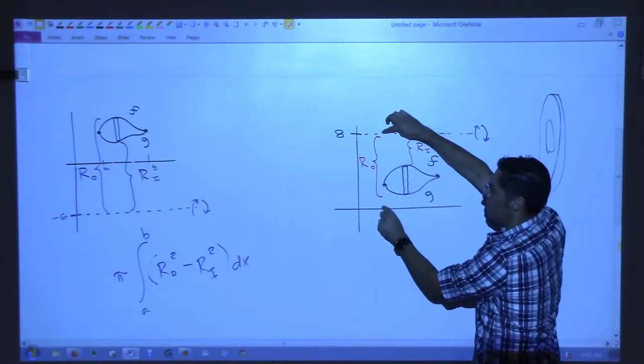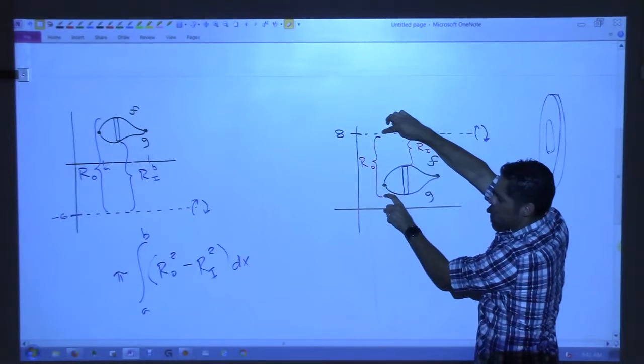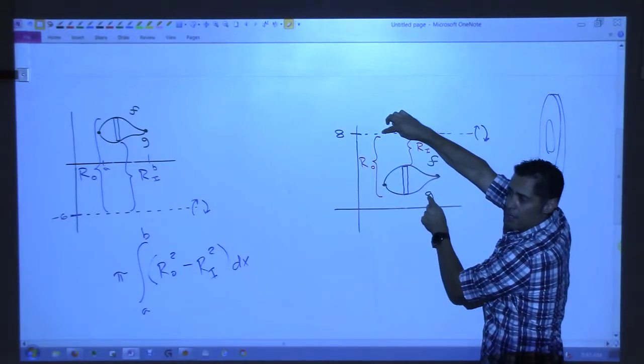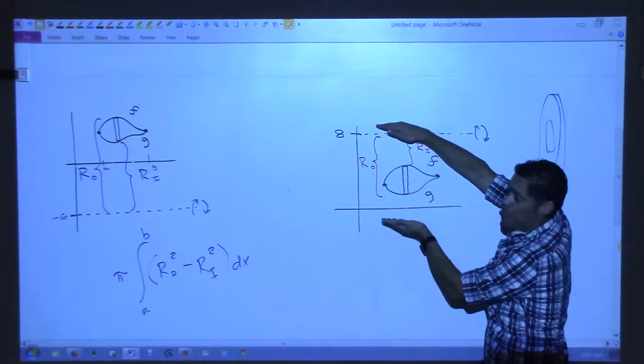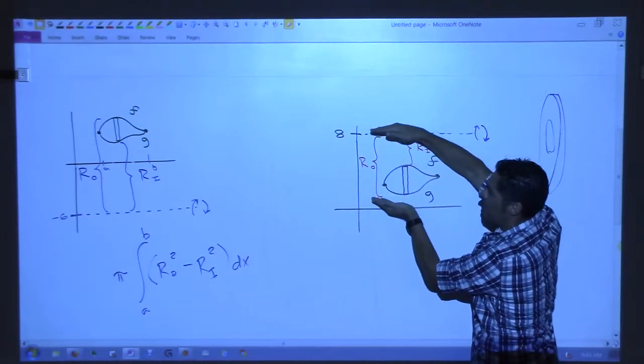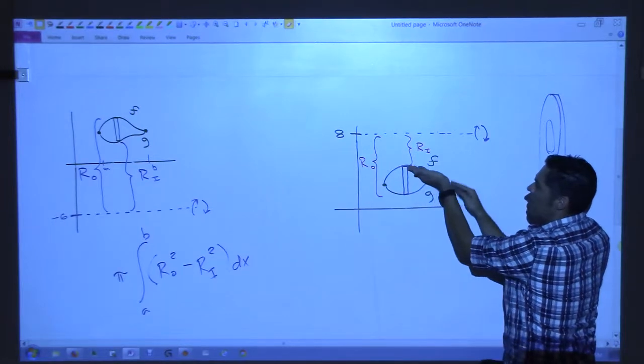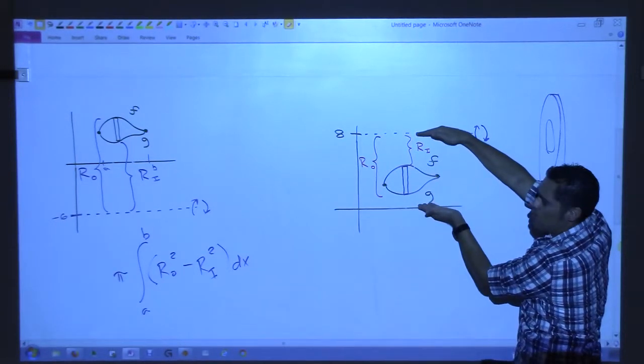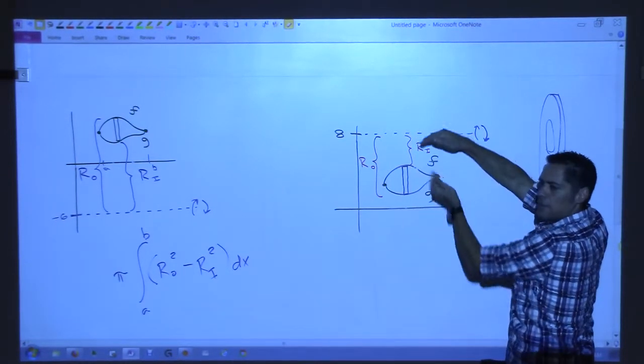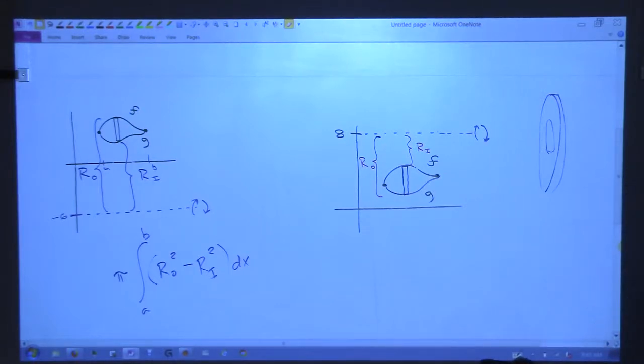So what's the distance from here to here? That's G, right? So 8 minus G. This R outer is 8, take away whatever G is. And then this one right here is 8, take away F. We'll do an example. You'll hopefully see this all come into focus. All right?